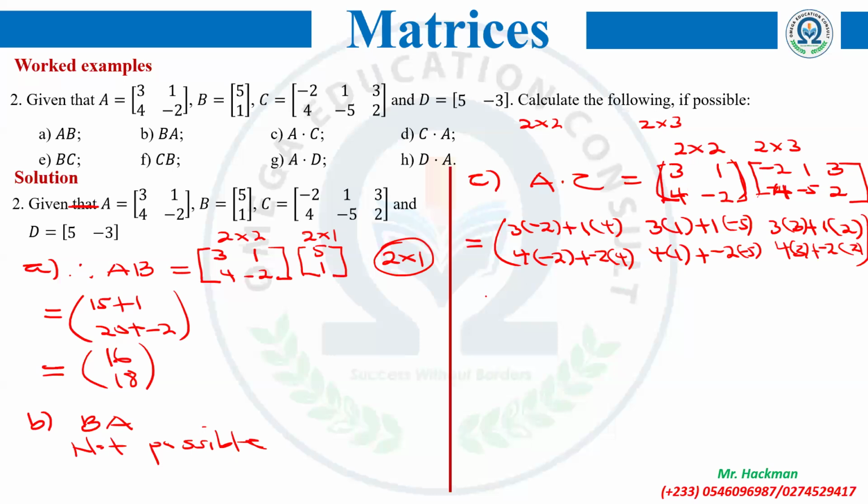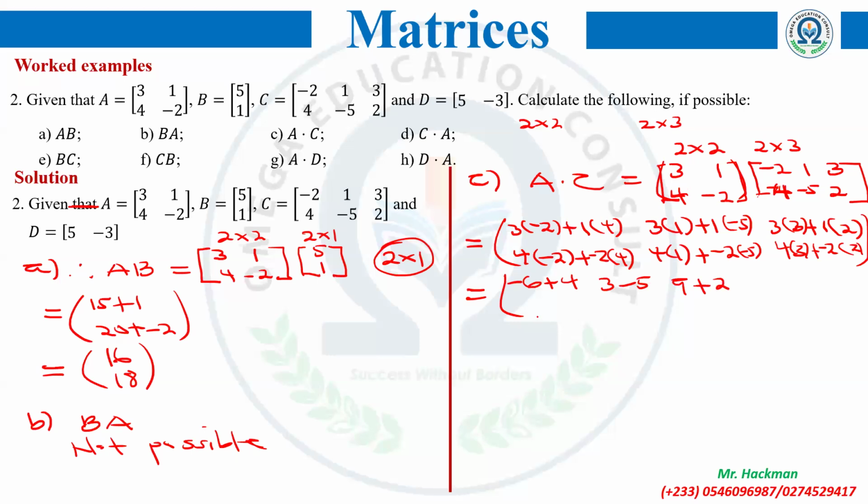You are doing well. So the next step, now we are going to get 3 times -2, which is -6, plus 4. Then we are having 3 plus -5, so 3 minus 5. Then 9 plus 2.